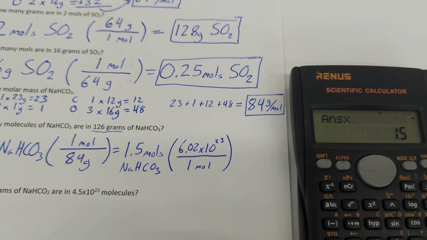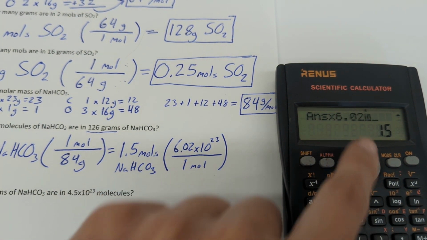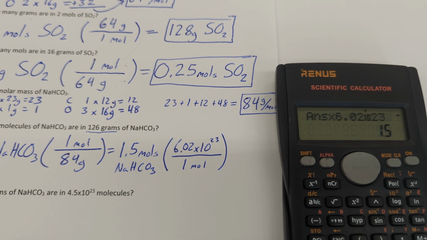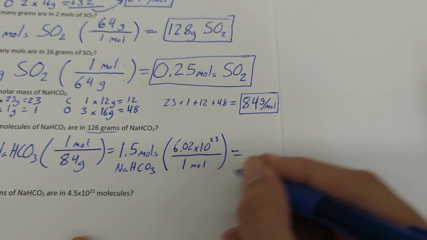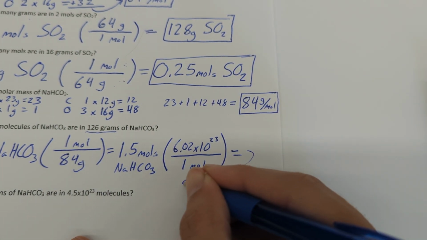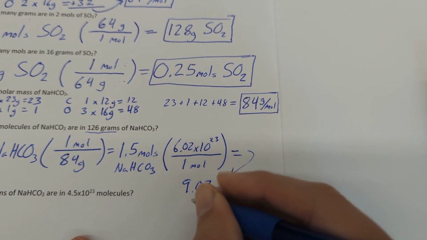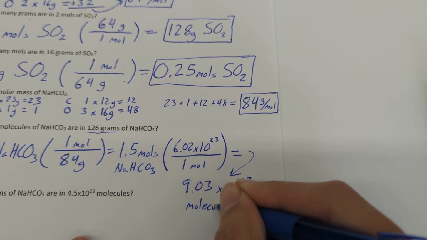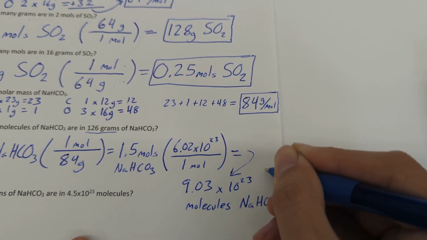So times 6.02, shift log gives us that 10, 23, and that is our answer. 9.03 times 10 to the 23 equals, we'll write the answer right down here. 9.03 times 10 to the 23 molecules of NaHCO3.